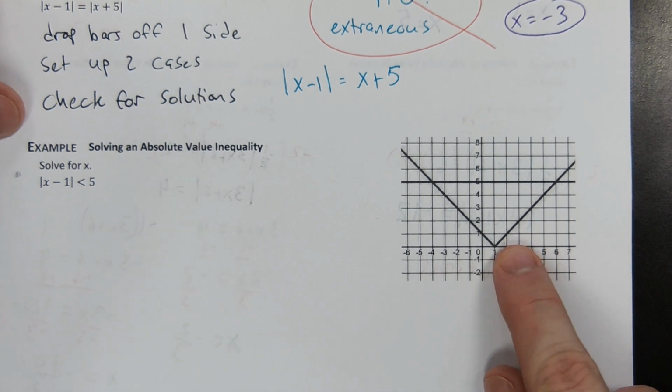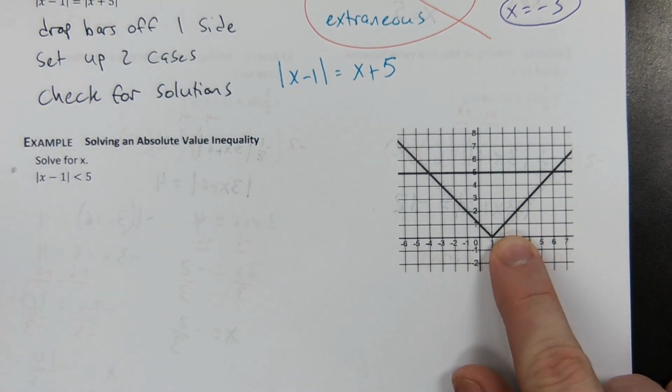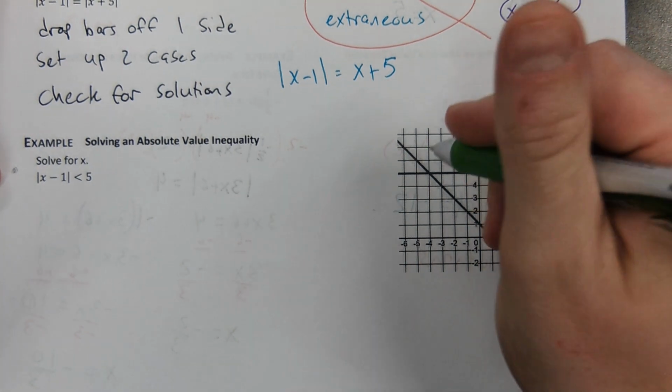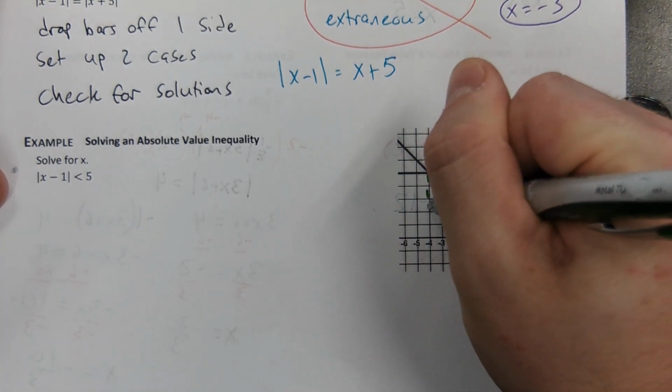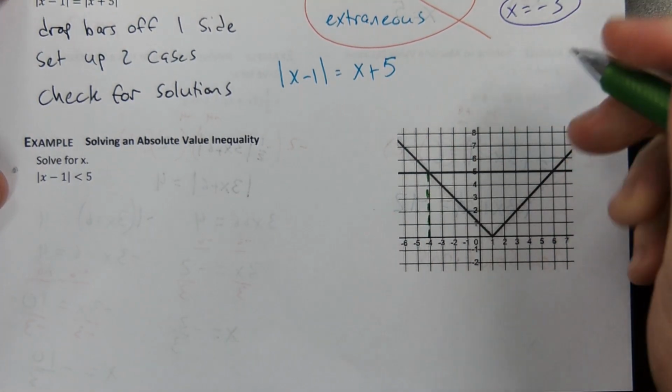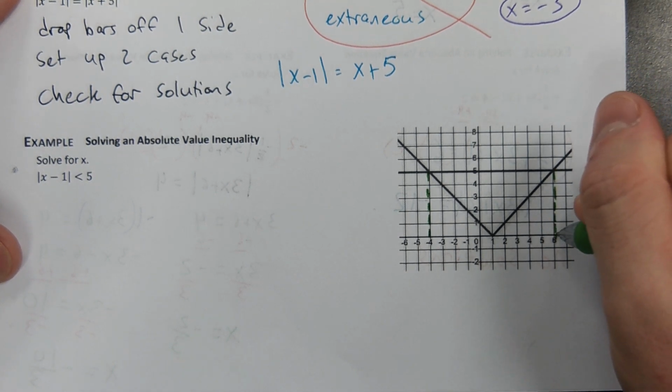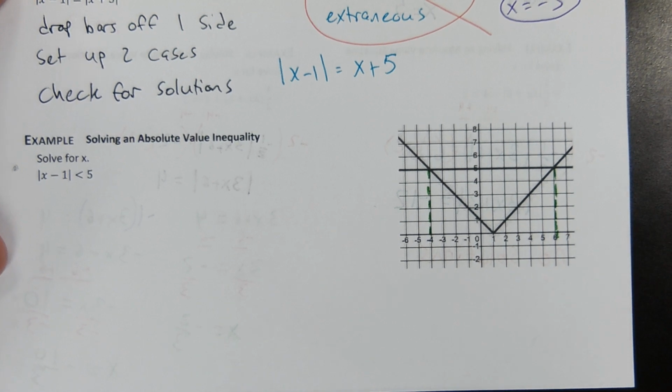So here's the picture of it. And I'm hoping that we can all see which part of the V-shaped graph is underneath the line y equals 5. Looks to me like the answer is between -4 and +6.